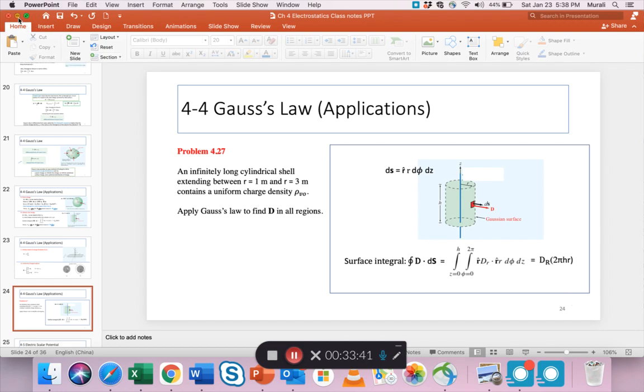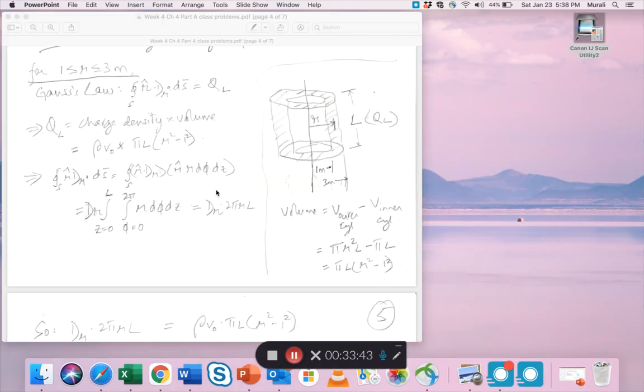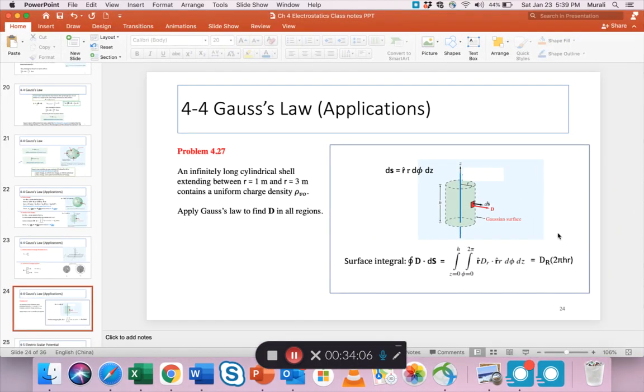Now you can integrate this whole thing as a scalar. Luckily, all the vector stuff goes away. The constants such as D_r, I'm going to bring out and integrate over whatever is left. So we have r d phi dz. If you integrate this, you get D_r times 2 pi r L, which I think I also show here.